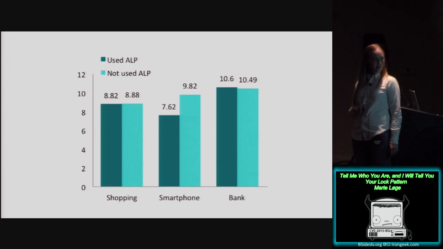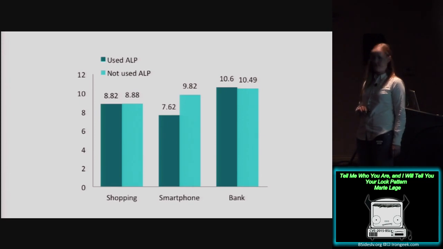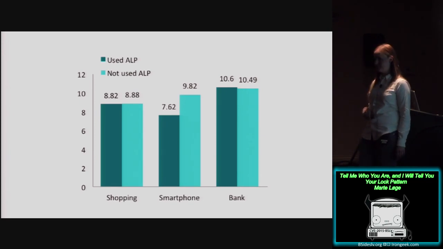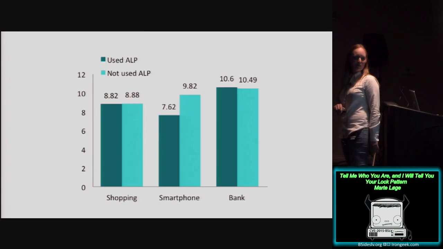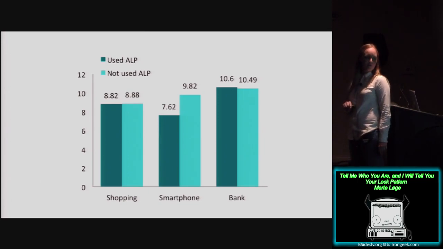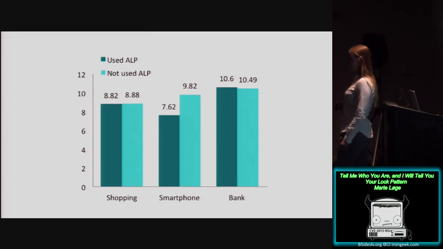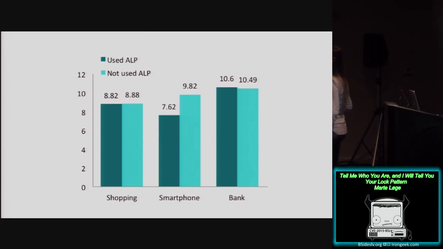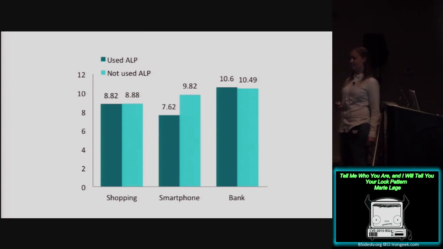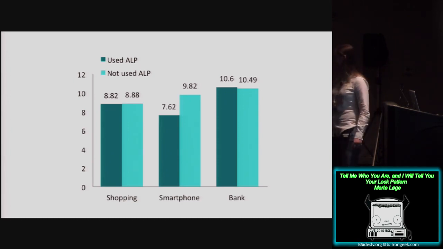So for this one and for this one, it's about the same. But when you look at this one, there is a difference in the time used for creating the patterns. So for smartphone, people that have already used the Android unlock pattern responded faster. Maybe because they actually gave away their password, right?